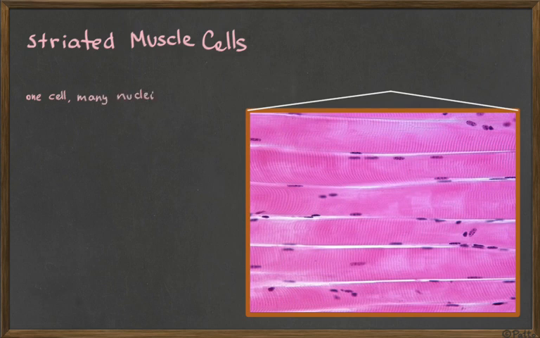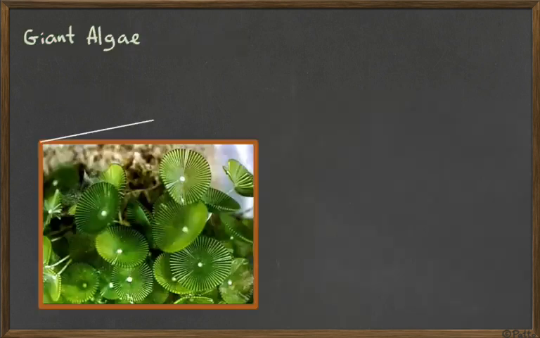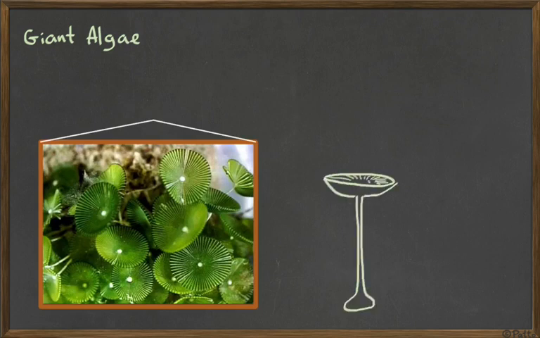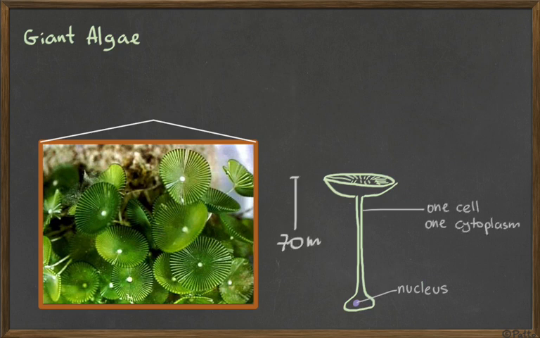They may be one cell and they may contain many nuclei. The same thing for giant algae. These algae can be several millimeters long. This one here is more than 1.4 millimeters long. Actually, this one is 70 millimeters long, sorry. 1.4 centimeters, twice as much as that. This one is a very long one. This is much, much bigger than most cells that we know.